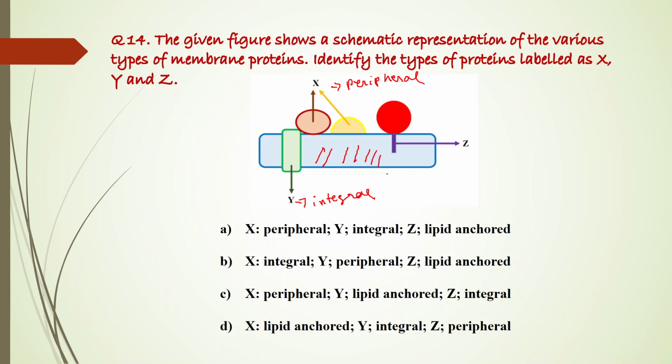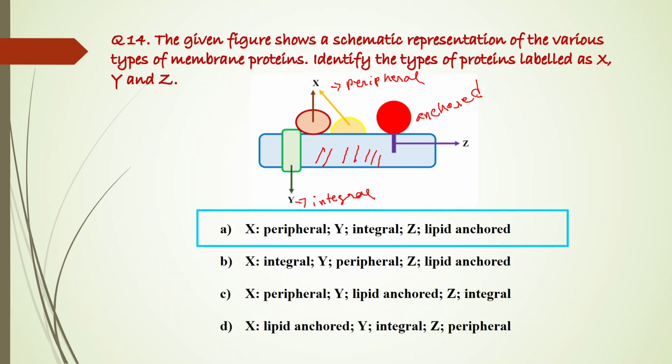This whole protein is not embedded, but they are anchored to the inside of this membrane. That's why they are known as lipid anchored. Okay. So now we know this is our lipid anchored protein. So now we know X is peripheral, Y is integral and Z is anchored. So the correct answer option should be option number A. Okay.